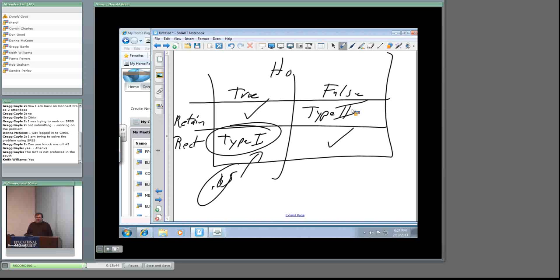I don't know if I should change or not. So I could avoid a type 2 error by always changing. Remember, doing something you're not sure about is what's serious. We're going to be very conservative in making a change.